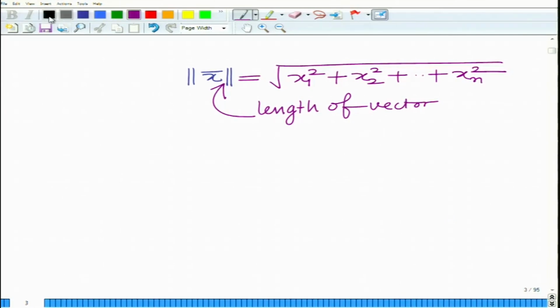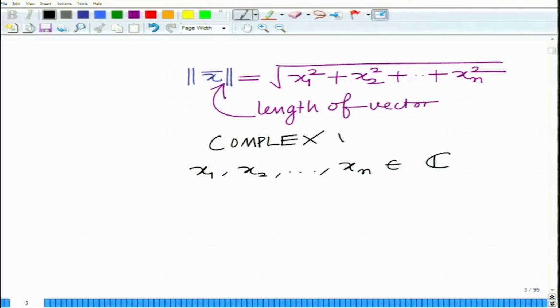Now, on the other hand, we have seen real vectors. Similarly, if x1, x2, xn belong to the set of complex numbers, now what we want to see is the notion of a complex vector.